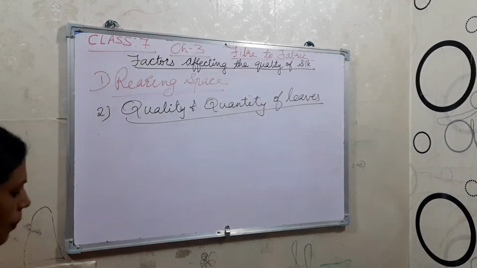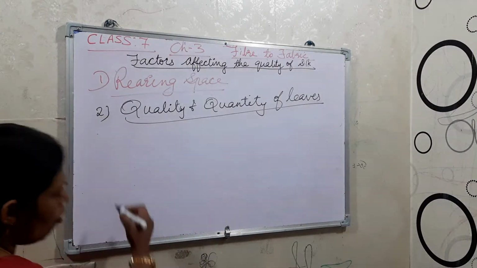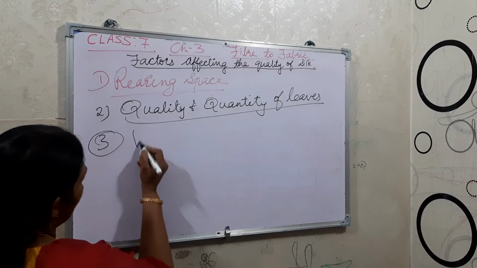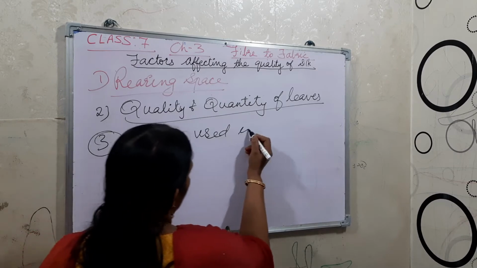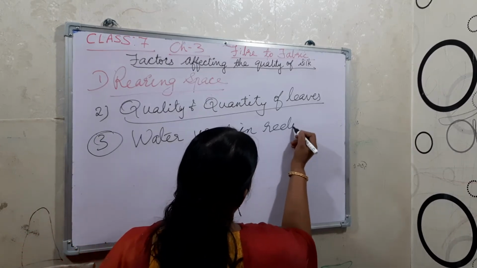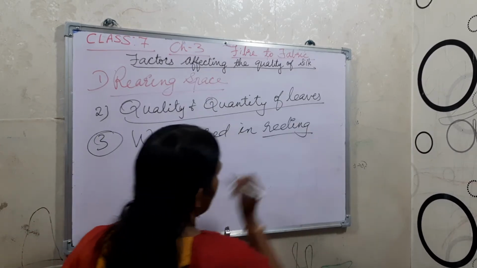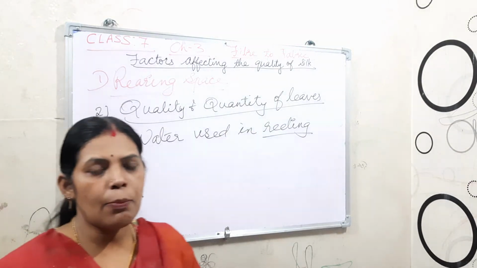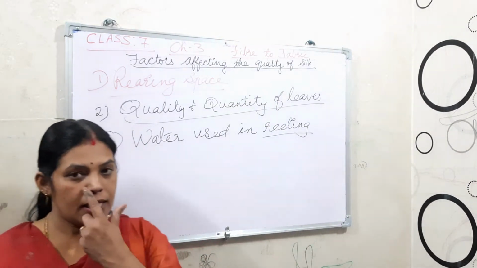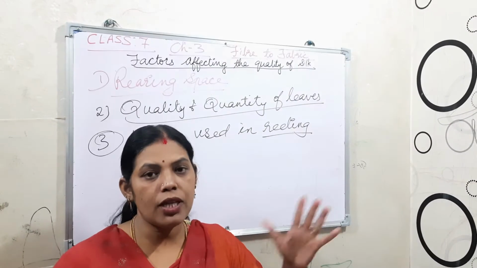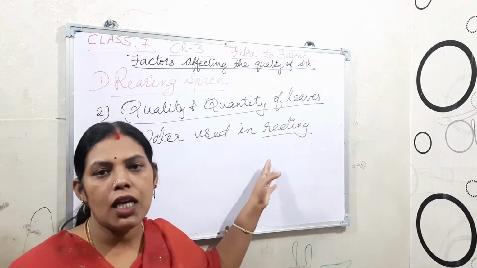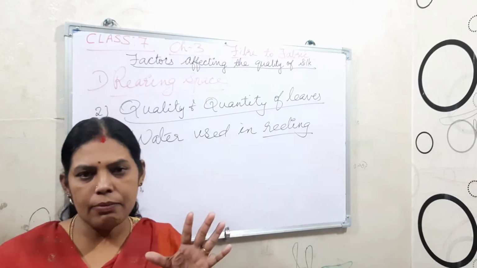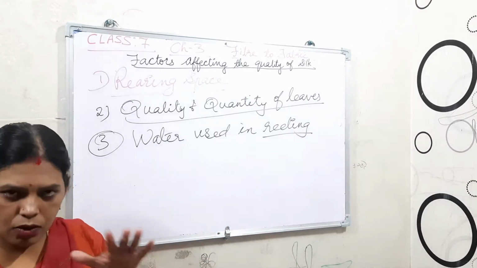And now the third point is water used in reeling. What is reeling? Reeling is the process of removing the silk fiber by unwinding the cocoons, after stifling them. What is stifling? Stifling means we are killing them in hot water.